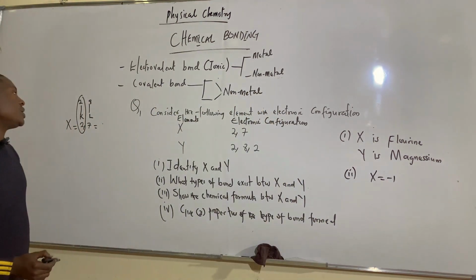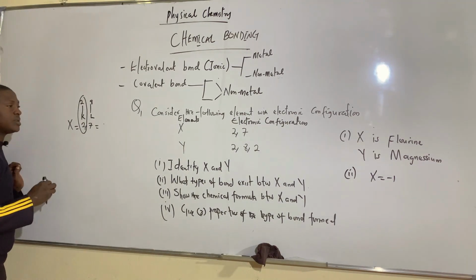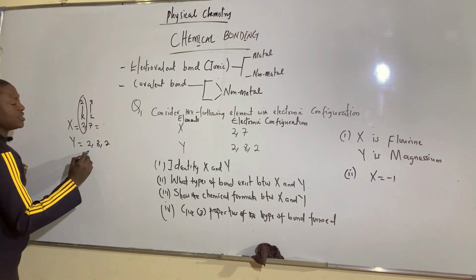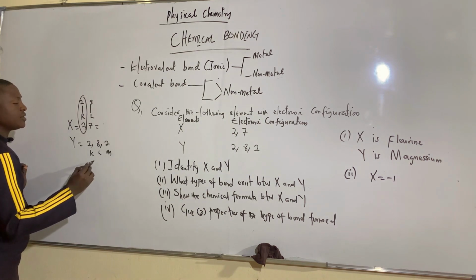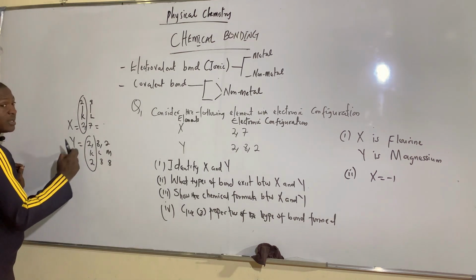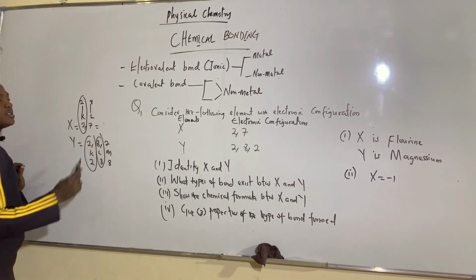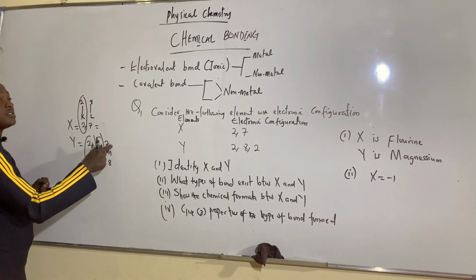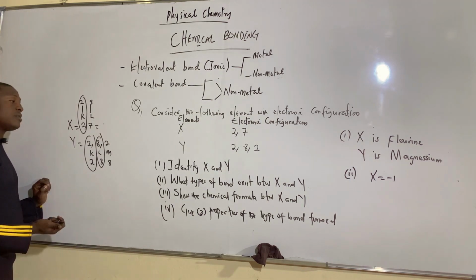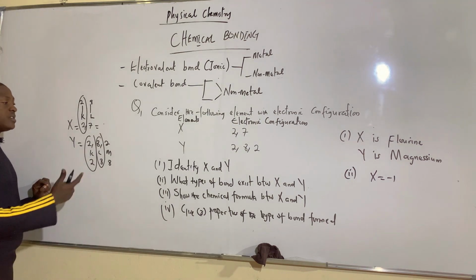Then let's check for the second one. Y is 2, 8, 2. This is K shell, L shell, M shell. It balanced the first shell and also the second shell, but the third shell is not balanced. Since the maximum it can receive is 3, it cannot take in 6, so it can give out the 2.